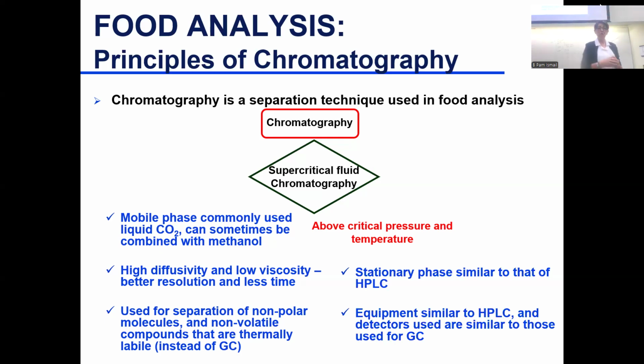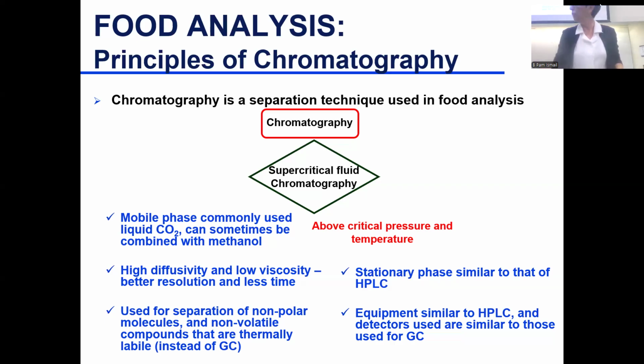And the stationary phase that is used in supercritical fluid chromatography is very similar to what we would use in HPLC, and we'll talk a lot about those later. And the detectors that are used are very similar to those that you learned with Gary. So the detectors would be FID, for example, or thermal conductivity detector, or any other detectors that are used with GC. Okay, that's all about that.